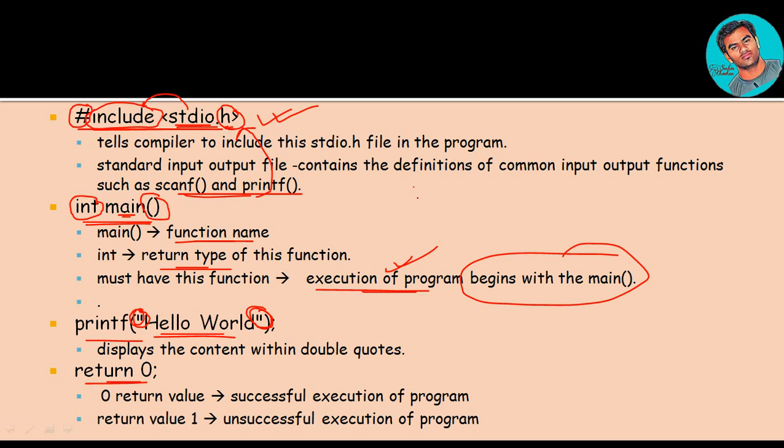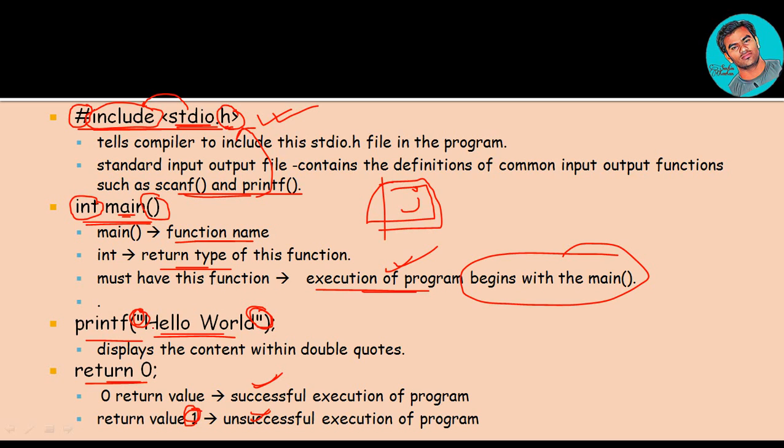Every C statement ends with a semicolon. This is a headache of C, but just try to understand that every C statement has an ending because of this semicolon. Return value 0 means a successful execution of a program, and if your program returns a value of 1, this means an unsuccessful execution of the program.